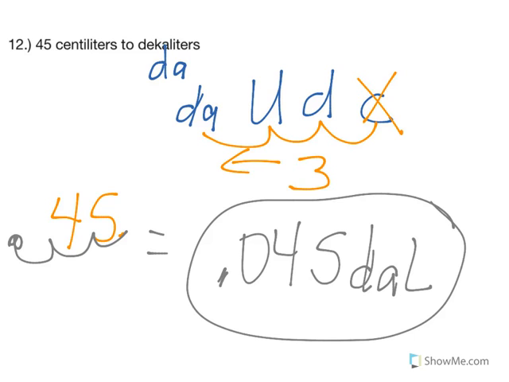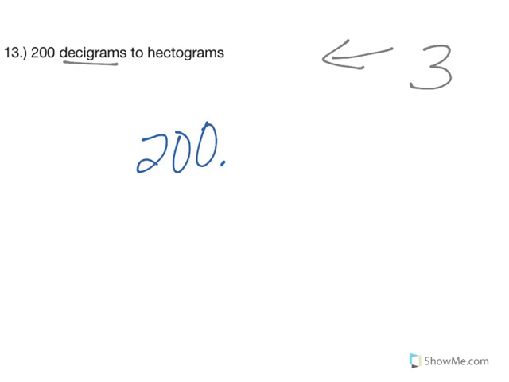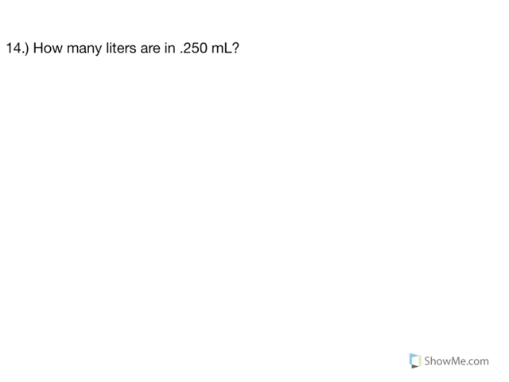Because if you just put dL, that's the disabled list in baseball, but that's deciliters in metric. And we want deca, which is da. Don't ask me why they couldn't just pick different words. I don't know. Okay, see now we have decigrams. So decigram to hectogram, if you look at your chart, we've got to go left 3 places. So if I have 200 with a decimal point, I go 1, 2, 3, and I end up with 0.2 hectograms.